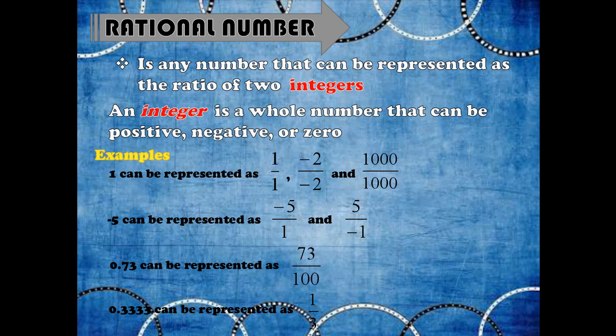While the fourth, or the last example, is an example of a non-terminating decimal, because the decimal has no end. The 333 has no end, and that is the non-terminating and terminating.